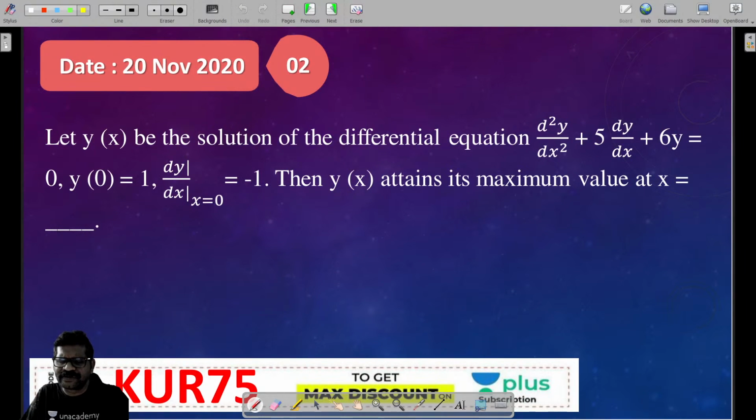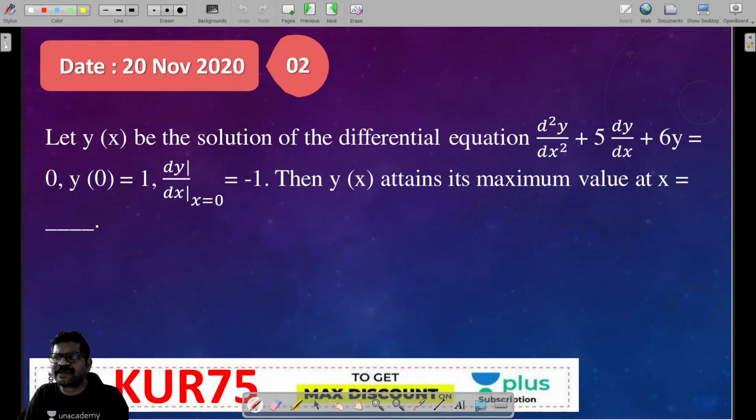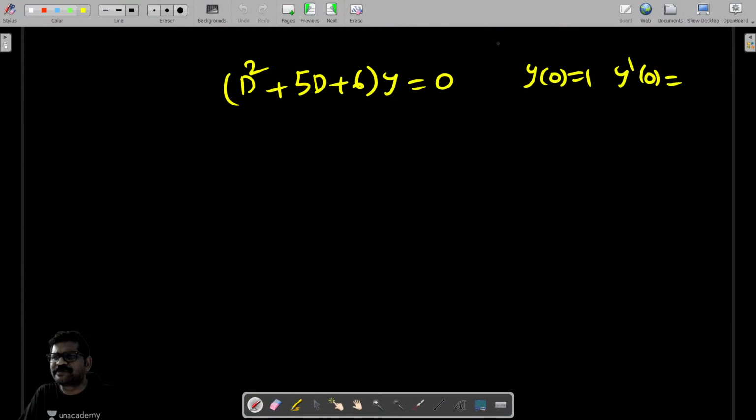The boundary conditions are y of 0 equal to 1 and y dash of 0 equal to minus 1. That is given in the data.